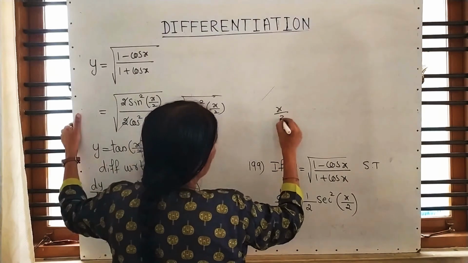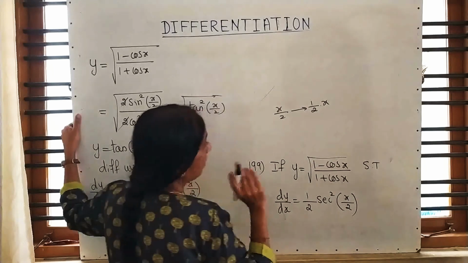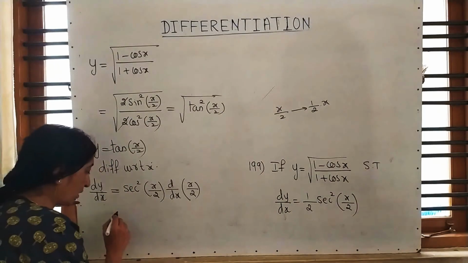Differentiation of tan is secant square x by 2 into differentiation of x by 2. See, x by 2 will be written as what? 1 by 2 into x, correct or what? 1 by 2 is a constant, differentiation of x with respect to x is 1.